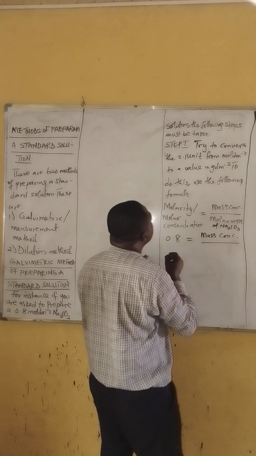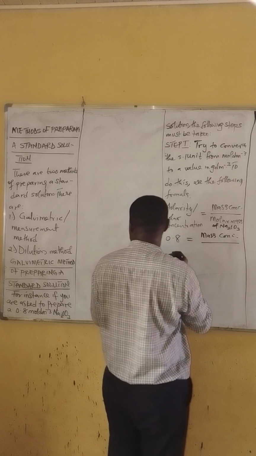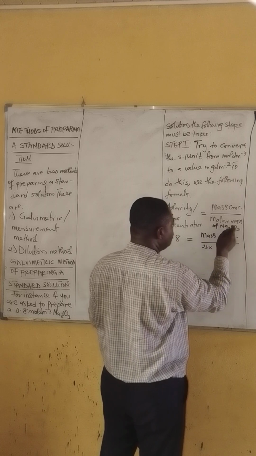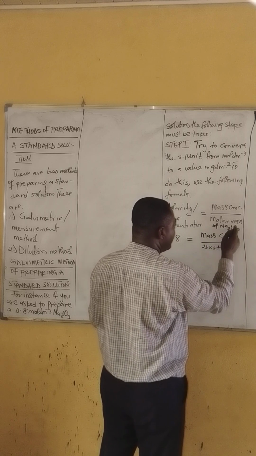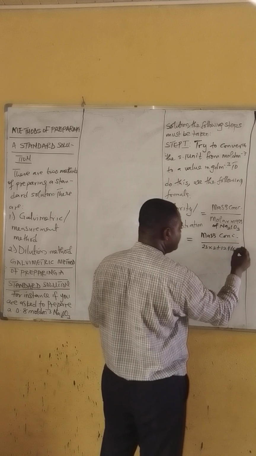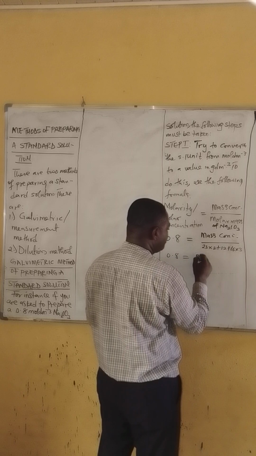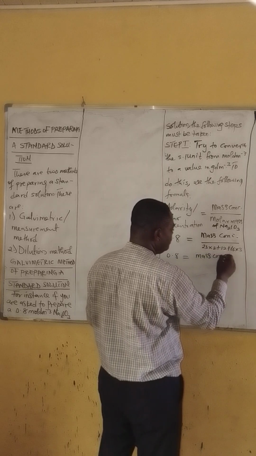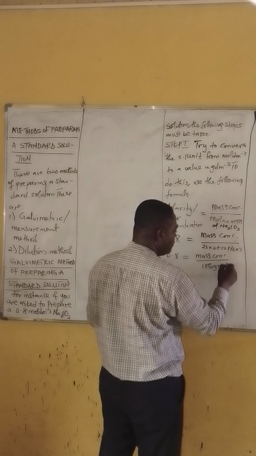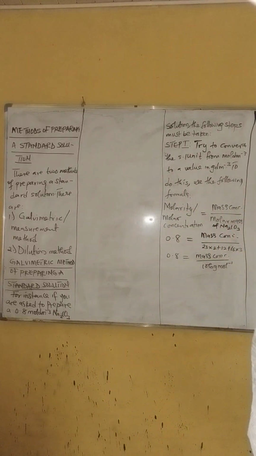Knowing that your Na is 23 times 2 plus carbon is 12 plus oxygen is 16, but you have 3 here. If you do this very well, you get 106 gram per mole. The SI unit of molar mass is gram per mole.